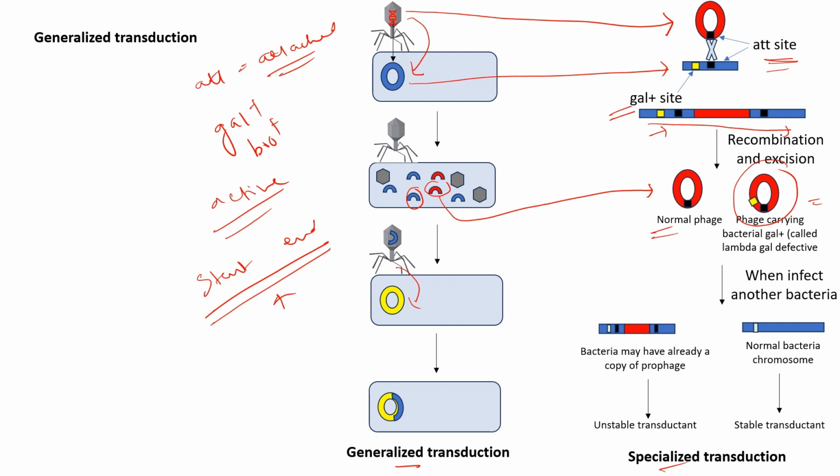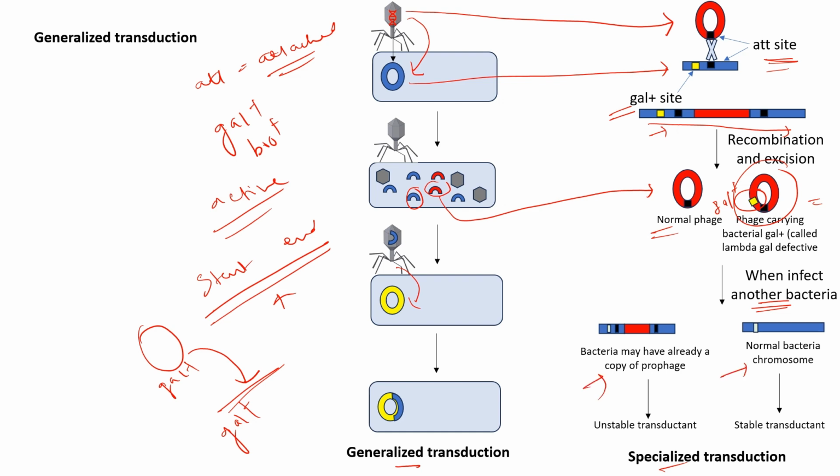Now, when an abnormal phage DNA infects another bacterium, this abnormal DNA already contains gal plus, and the second bacterium also contains gal plus, so again gal plus is coming from the phage. So what can happen? This can get inserted, creating a defective copy.